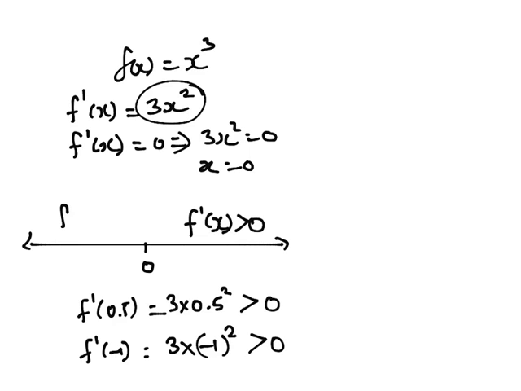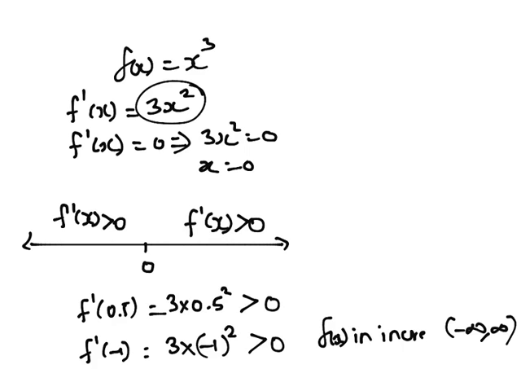So here also f dash of x is positive. You can see after 0 also f dash of x is positive, and before 0 also f dash of x is positive. It means that f of x is increasing throughout, that means between minus infinity to plus infinity. It is an increasing function throughout.